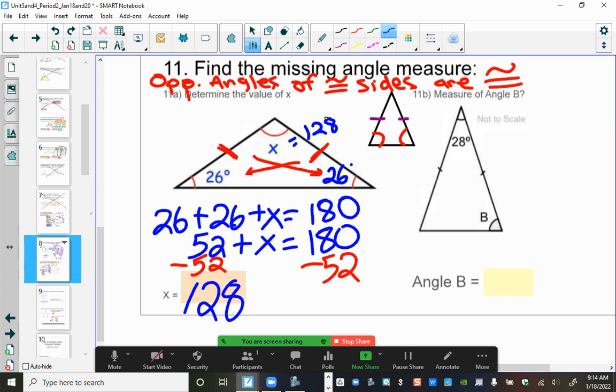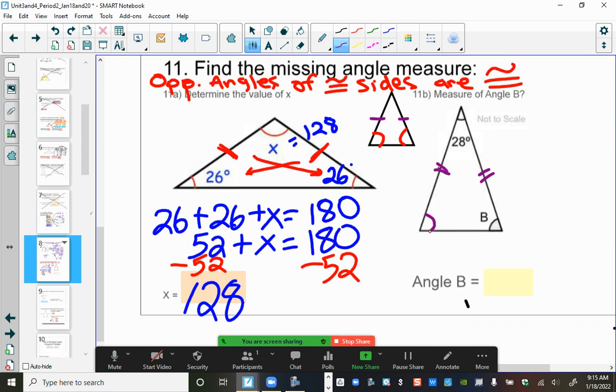Okay, this one. Similar idea. Here's your isosceles triangle, your two sides. These two are congruent. So that means these two angles are going to be congruent. They labeled this angle as a B. Therefore, how should we label this bottom angle?